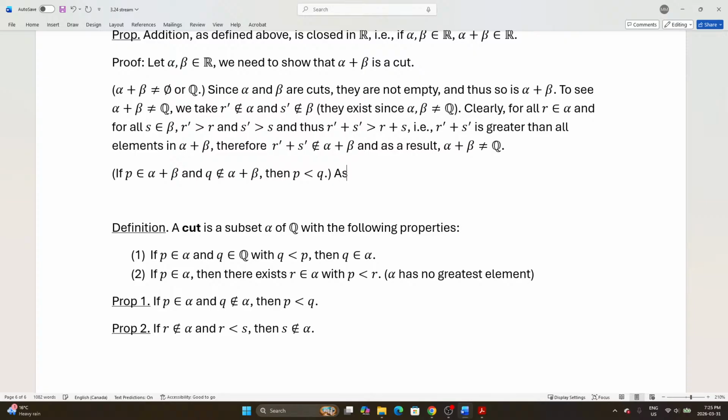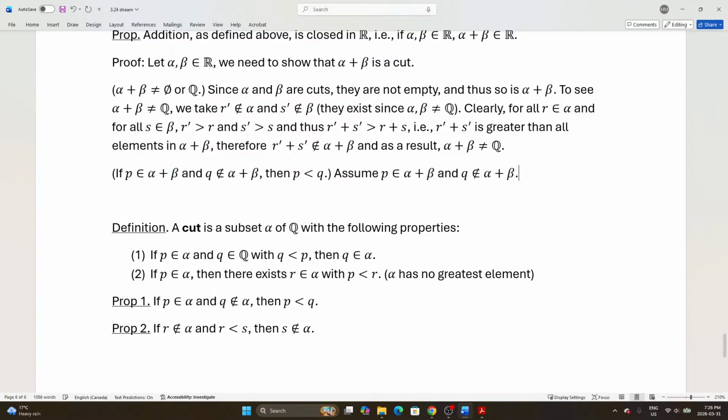Assume P is in alpha plus beta, assuming the if part. These are just the mechanical steps for any sort of proof writing. You assume the if part, and Q is not in alpha plus beta. We need to show that P is less than Q. So how do we do that?